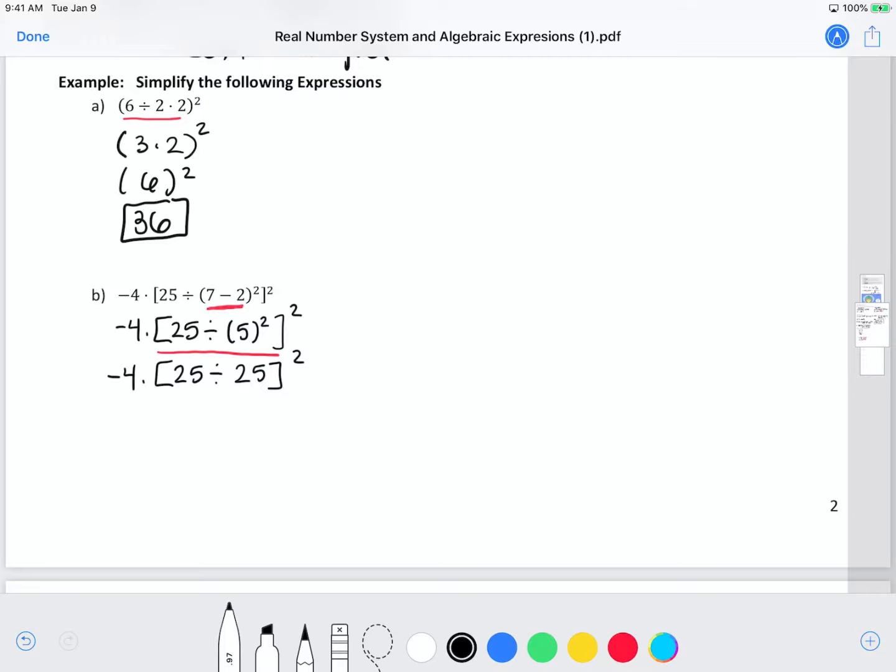Now I'm going to continue working inside the grouping symbol until I'm done. 25 divided by 25 is 1. Now we have multiplication and exponents. According to order of operations, exponents first. So I'm going to do 1 squared, which is 1. And then I do the last step, which is multiplication, and I get -4 as my final answer.